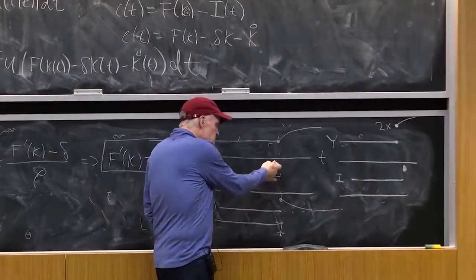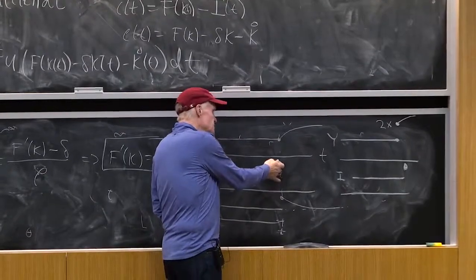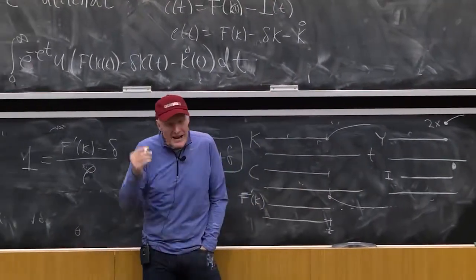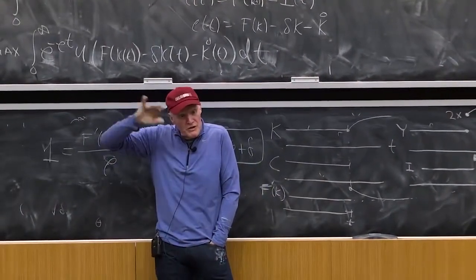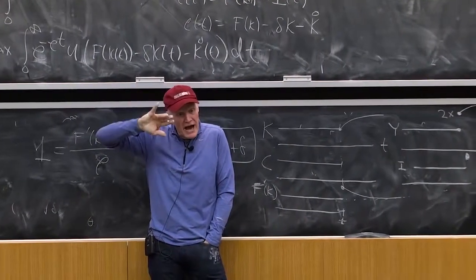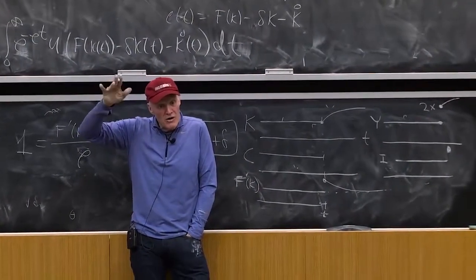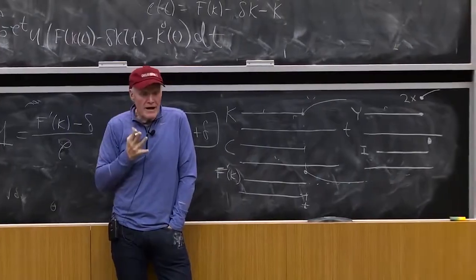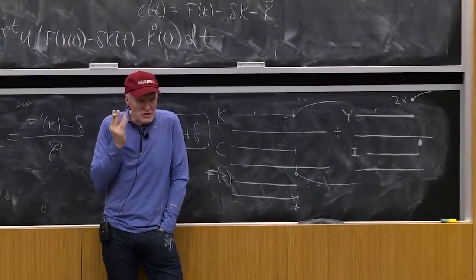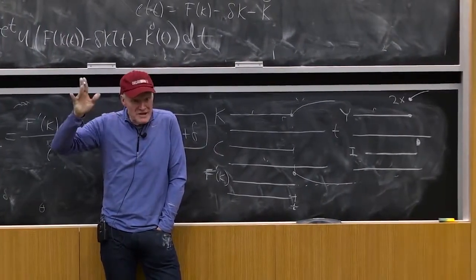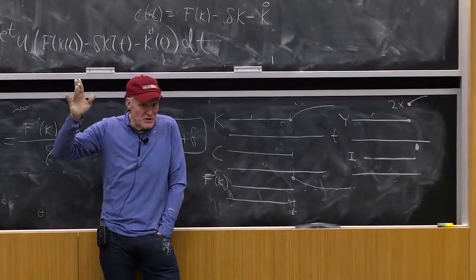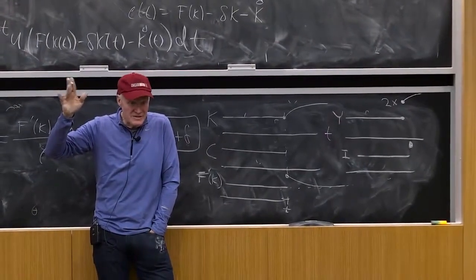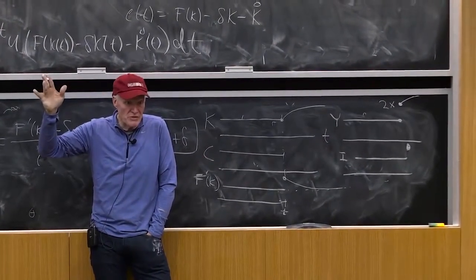But we may initially reduce C, we may initially increase C. Depends on how much curvature there is to our utility function, right? Depends on how willing we are to cut back on consumption. If our utility function is real curvy, we may actually increase C. We might say, geez, I'm richer. That's going to dominate this substitution effect toward consuming less.